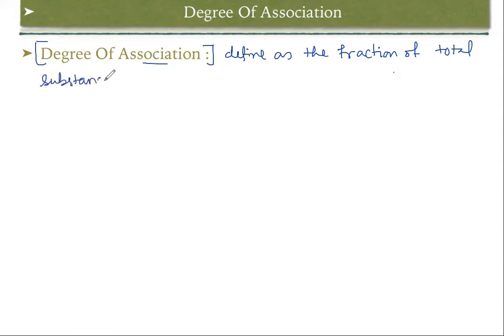Now let us discuss degree of association. The statement says it is defined as the fraction of the total substance which exists in the form of associated molecules.